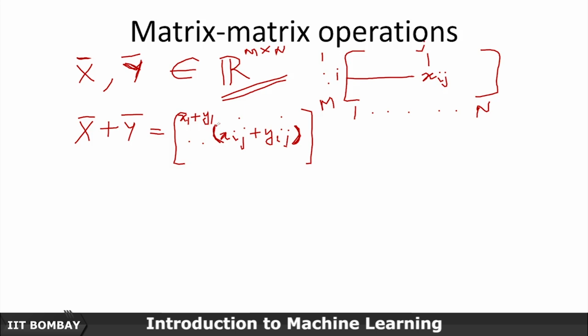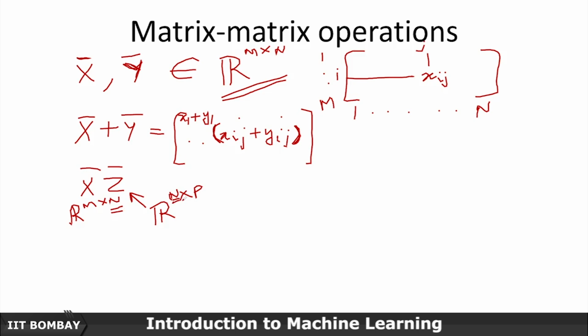I can also take their product, but then they should have a structure that is slightly different. So if I take the product of matrices X and Z, and X belongs to R to the power m cross n, then the Z matrix should belong to R to the power n cross p, so that the number of columns here matches the number of rows in the next matrix.